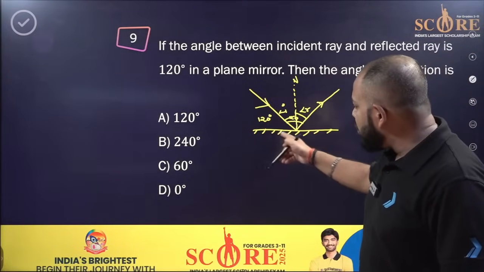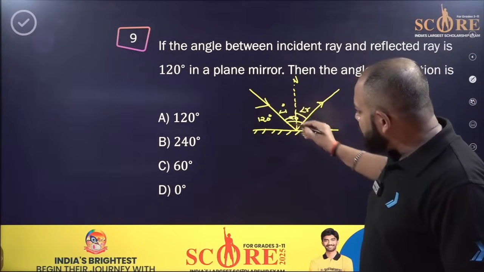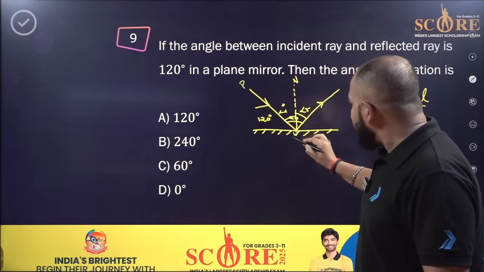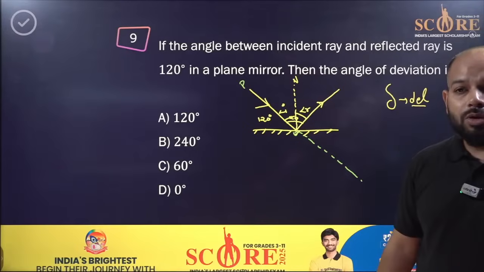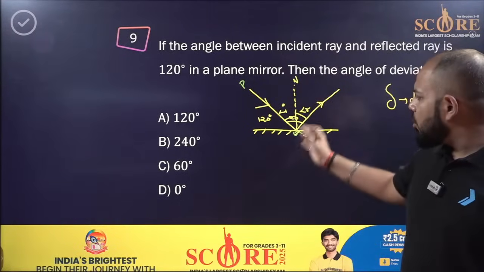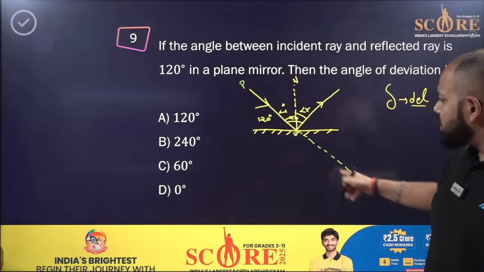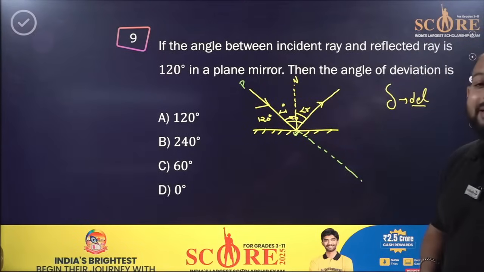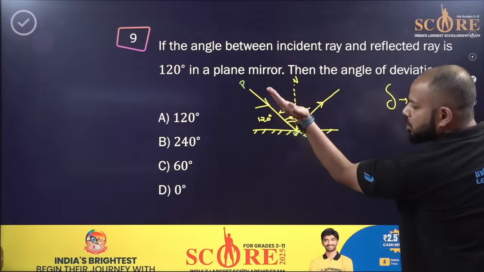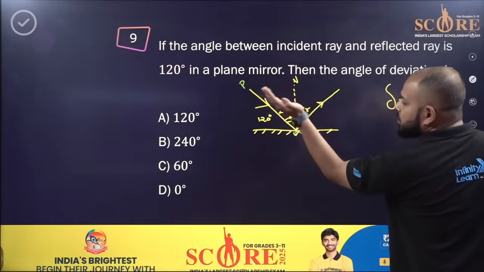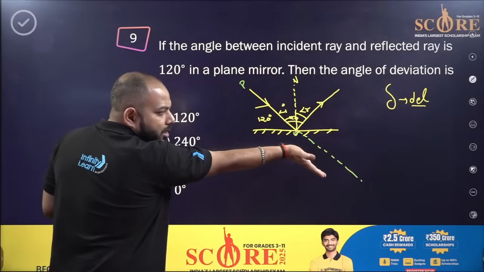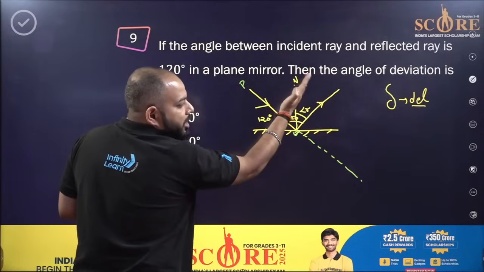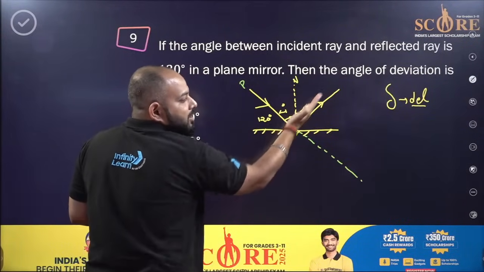If there will be no mirror, then this light which has been coming, like suppose PO, will automatically go straight. Yes or no? Without bouncing, without moving here and there, it just goes straight. But what happened when we put the mirror? Instead of going straight, it tilted here, it bounced back in this direction.